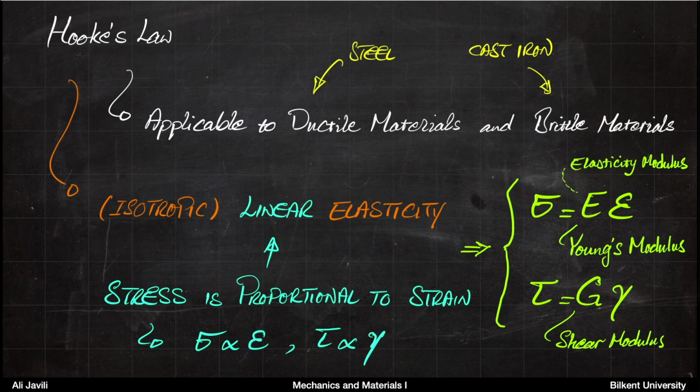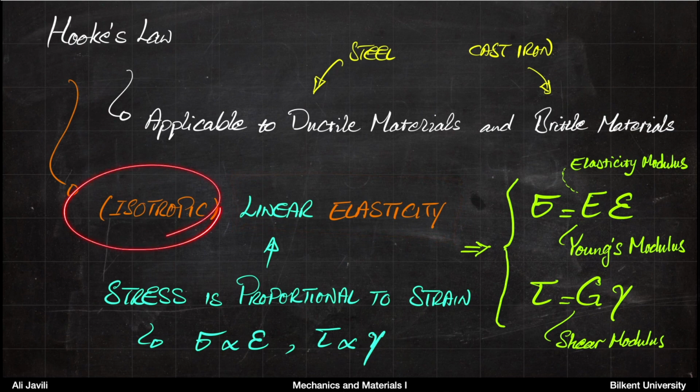All right, so that means if we think of ductile materials such as steel or brittle materials such as cast iron, we can always think of the material behavior as being linearly elastic, or let's say we can assume that linear elasticity defines our material behavior.